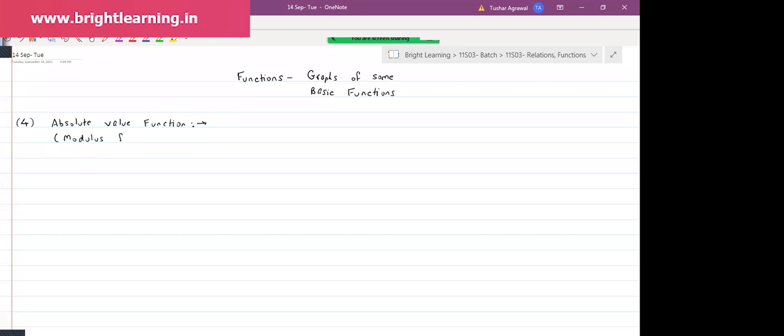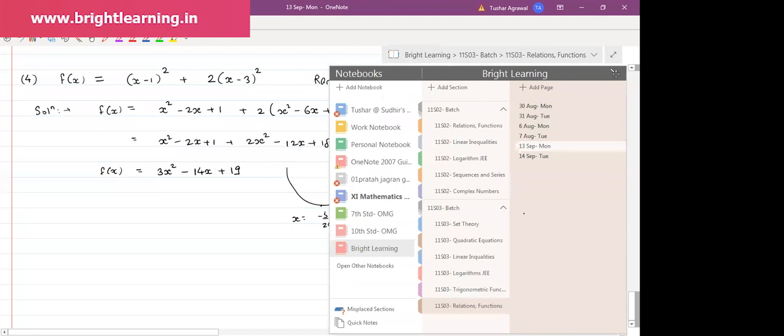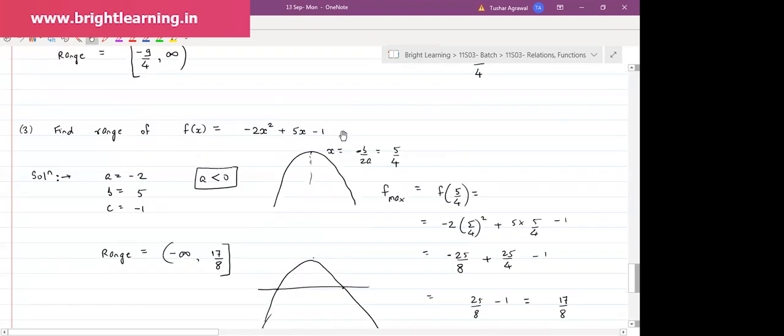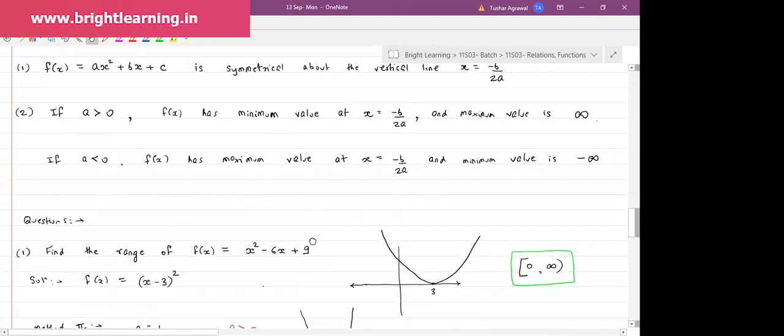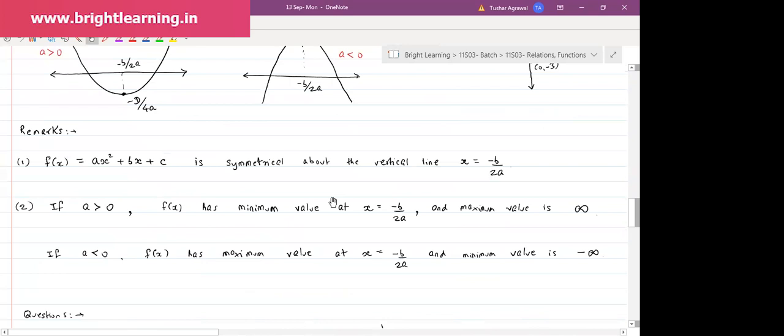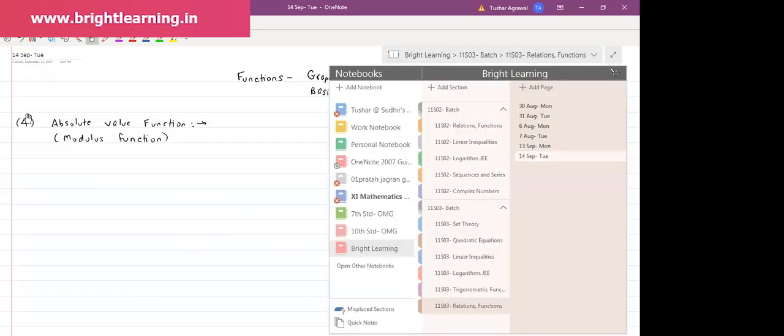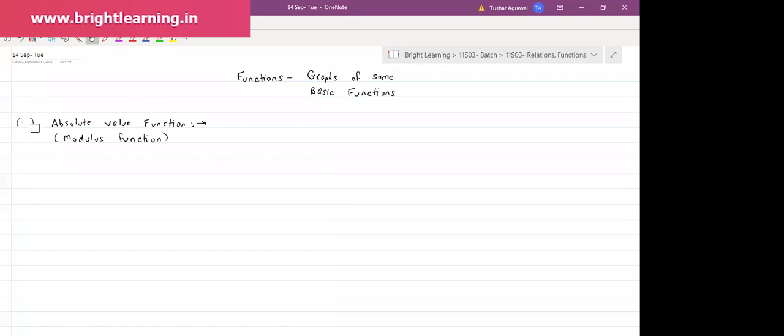Is this the fourth type of basic functions? I think it is the fifth. Yeah. Modulus function. So what is the modulus function?